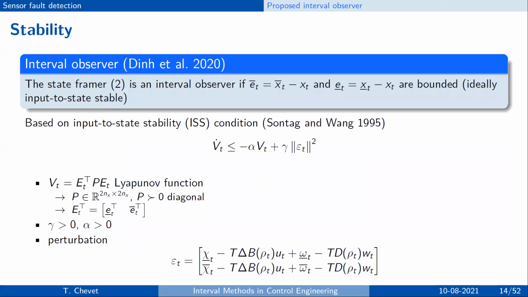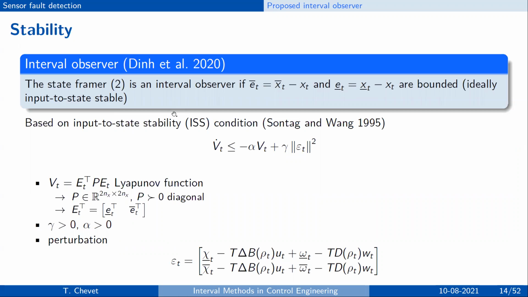Then, for the framer to be an interval observer, we need the estimation errors, the upper and lower estimation errors defined here, to be bounded. Ideally, they need to be asymptotically stable or input-to-state stable. Here, with our strategy, we can only obtain boundedness.